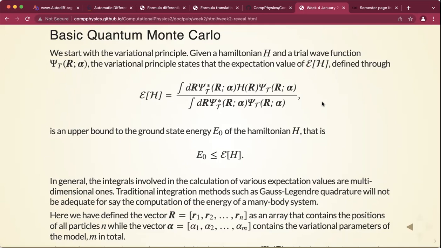These standard methods would be simply finite difference methods or Gauss-Legendre methods, Gaussian quadratures as they're normally called, where you combine different types of orthogonal polynomials. And Monte Carlo methods are normally much more efficient for high dimensional problems.